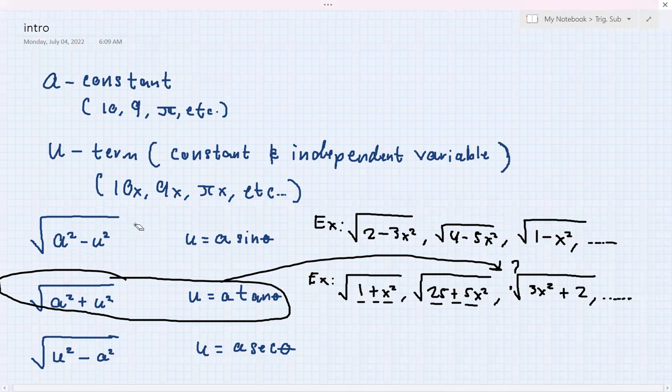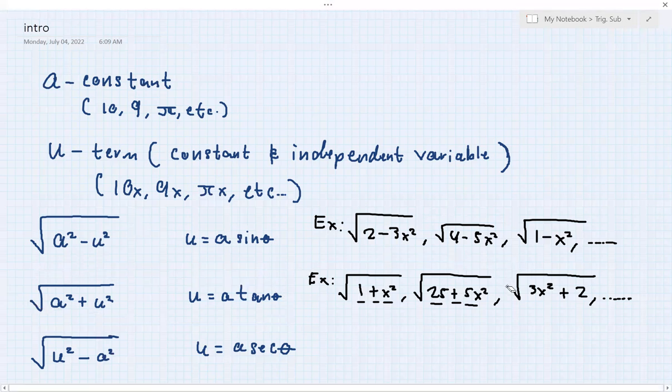Pwede ba siya? The answer is yes. Pwedeng-pwede. Do you know why? Since kasi, itong square root of 3x squared plus 2, magkaiba naman sila ng position. Okay, magkaiba kasi nauna si u at nahuli si a. Pero, parehas naman silang positive eh.